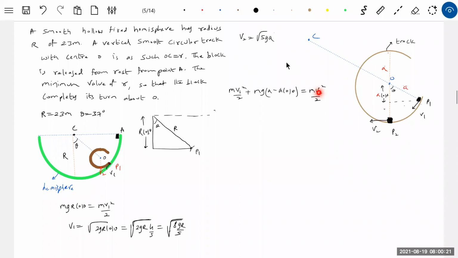Substitute that v2 equals root 5 gA, and v1 from here, then you're going to get A in terms of the required thing. m gets cancelled, so v1 square equals 2gA(1 minus cos theta) plus v2 square. V1 square will be 8gR by 5.